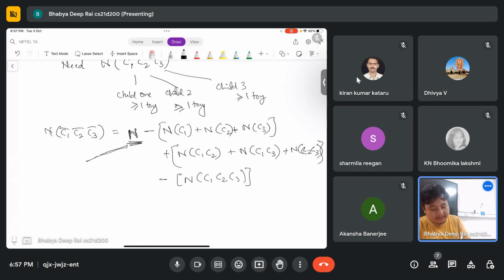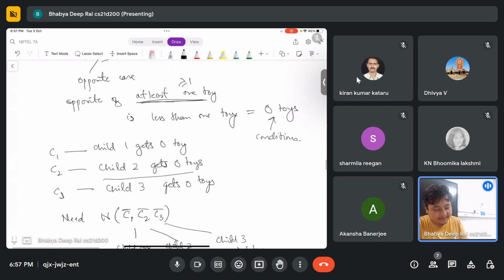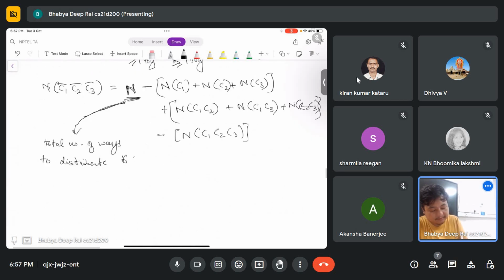I'll tell you what N is, but try to find the count. Okay. So N is the total number of ways to distribute, sorry, how many toys were there? 6 toys among 3 children.